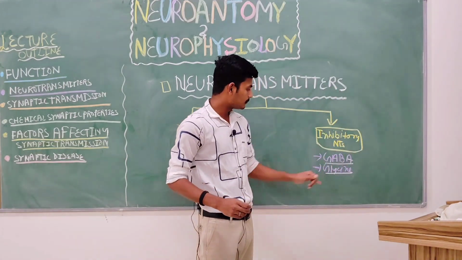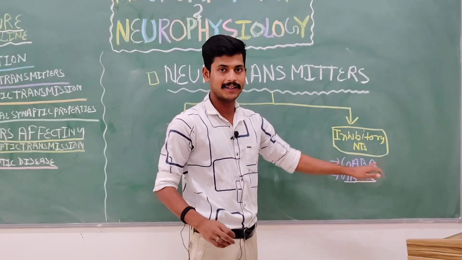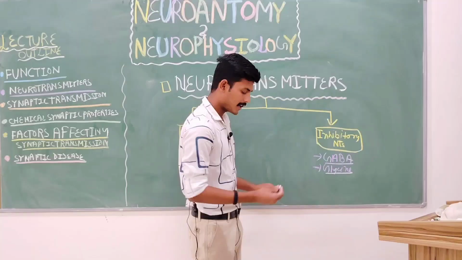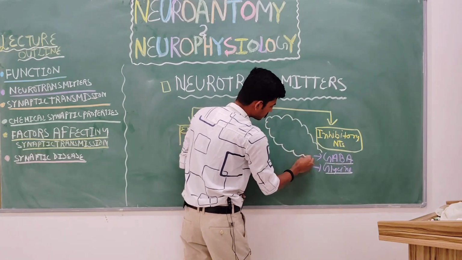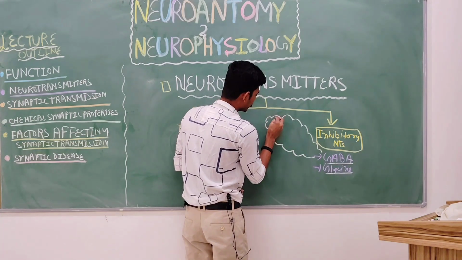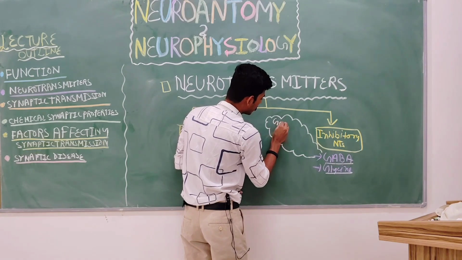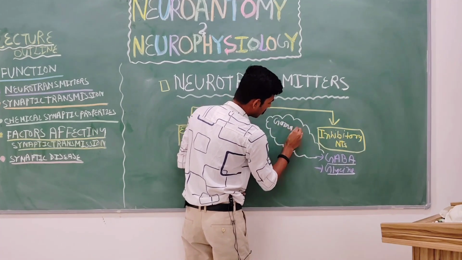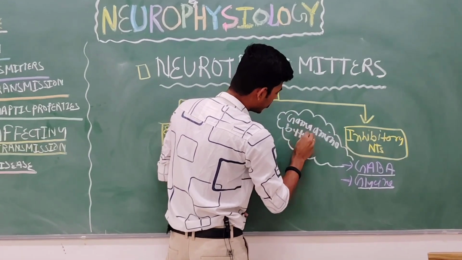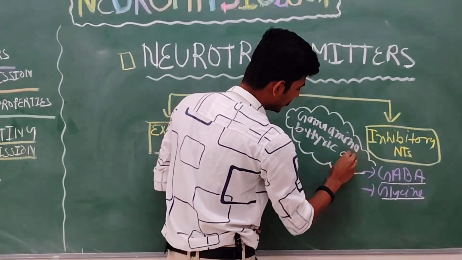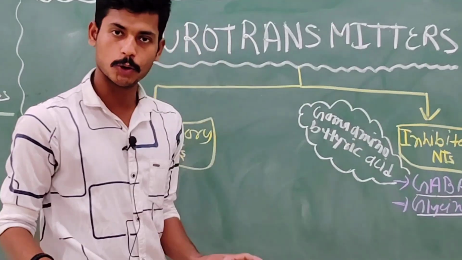GABA stands for gamma amino butyric acid. Gamma amino butyric acid. You should write the full name. It's gamma amino butyric acid. Fine, no problem.